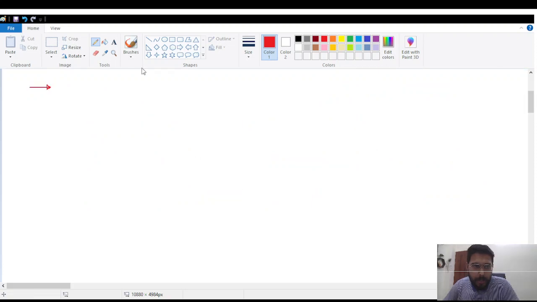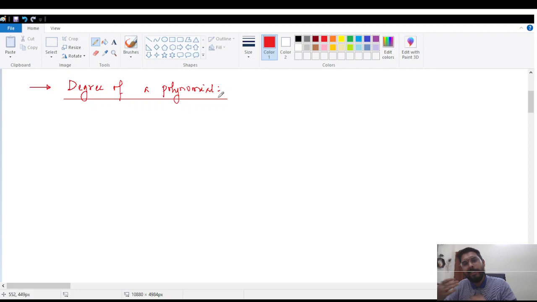After number of terms, the next one is degree, the degree of a polynomial. Before we classify a polynomial based on its degree, we have to understand what exactly the degree of a polynomial is. The degree of a polynomial can be defined in two stages.